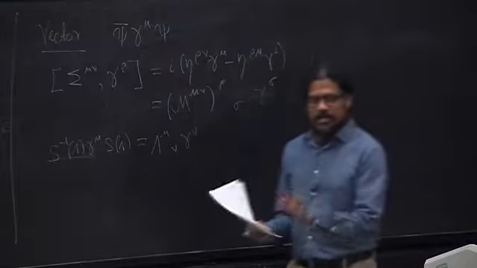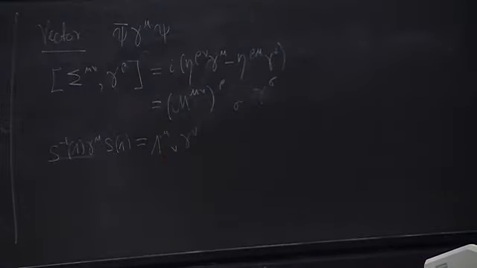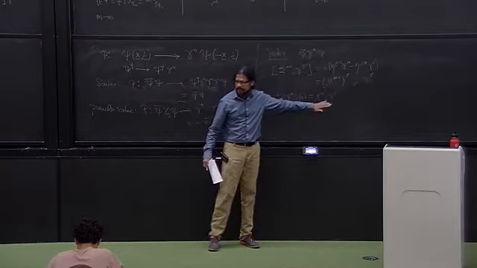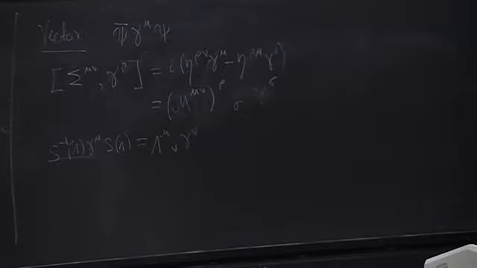So although the gamma matrices are constant, they do not transform under Lorentz transformation, effectively they do, because they satisfy this identity. It's a very, very useful identity. Okay, let's move to this side.